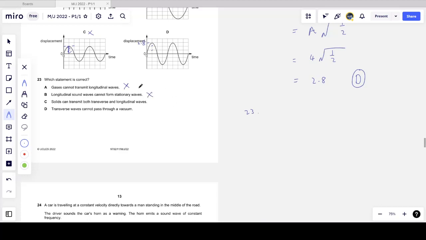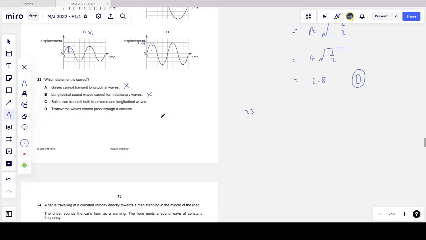Solids can transmit both transverse and longitudinal waves. At first I said this is not correct, but solids can happily transmit transverse waves. And at first glance I thought D was definitely true, because it says transverse waves cannot pass through a vacuum. Actually, I made an error.